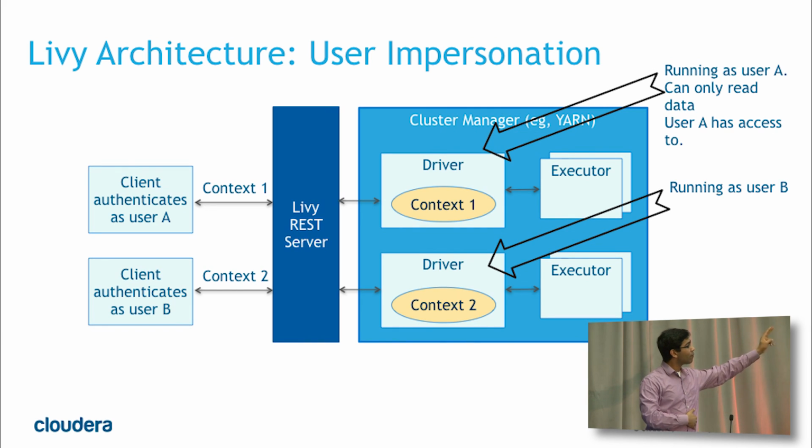So now you can have multiple independent contexts running as different users, and each context only has access to the appropriate data. That's another very critical feature for proper, robust enterprise readiness. And again, the Livy architecture enables that.